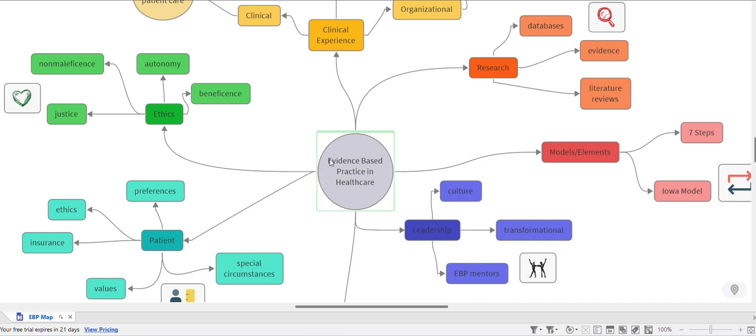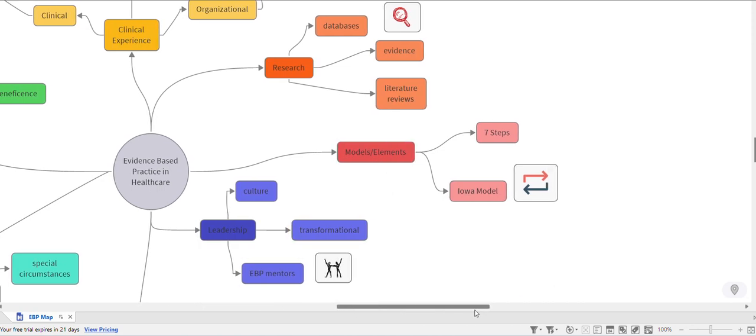In order for evidence-based practice to be successful in the clinical setting, there are certain components that need to be considered. The first one being models and elements over here. There are two standard models, which is the 7-step process, where 7 steps need to be taken, and this is kind of your main thing that everyone needs to consider.